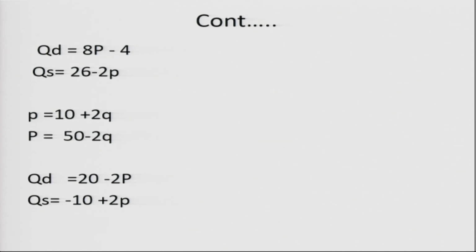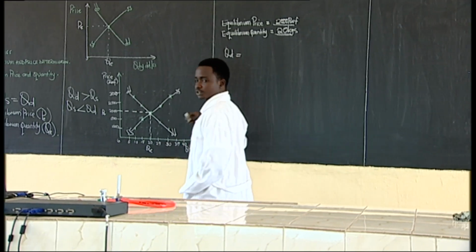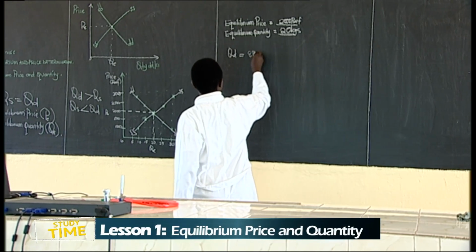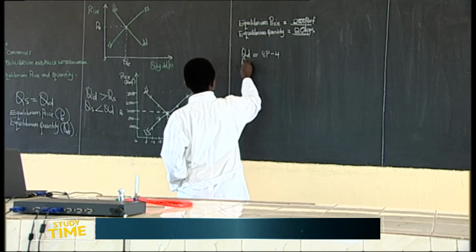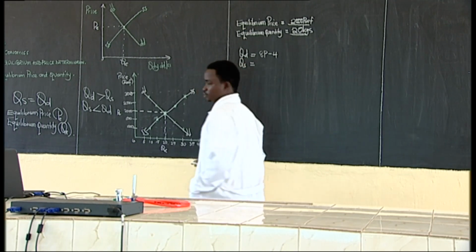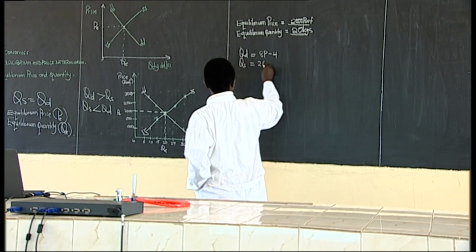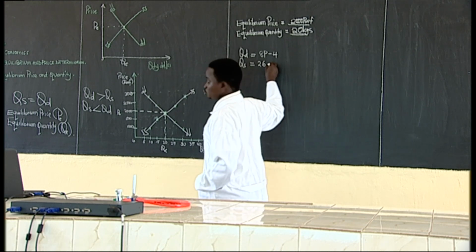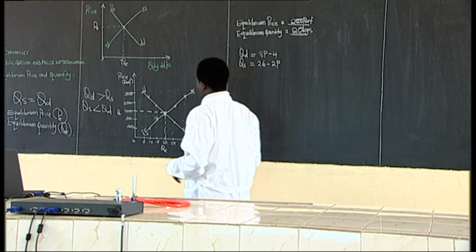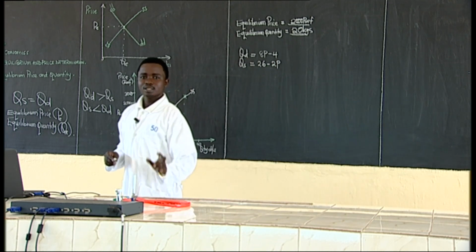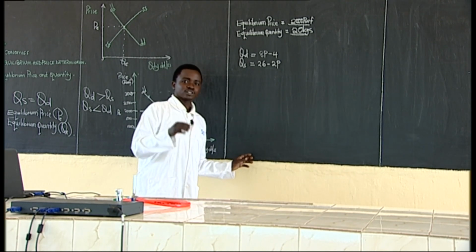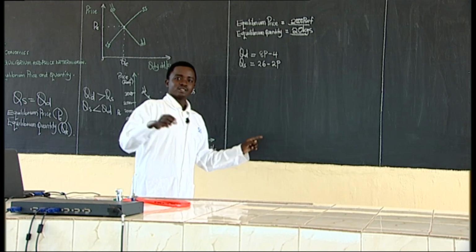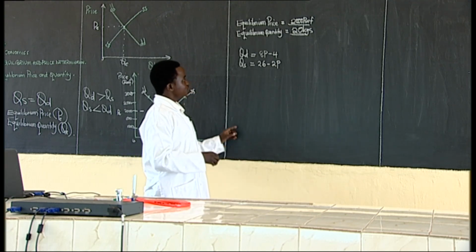We have quantity demanded, which is 8P minus 4. Then we have quantity supplied, which is equal to 26 minus 2P. As I have said, at equilibrium, quantity demanded is equal to quantity supplied. These are two linear equations, therefore you must equate them.